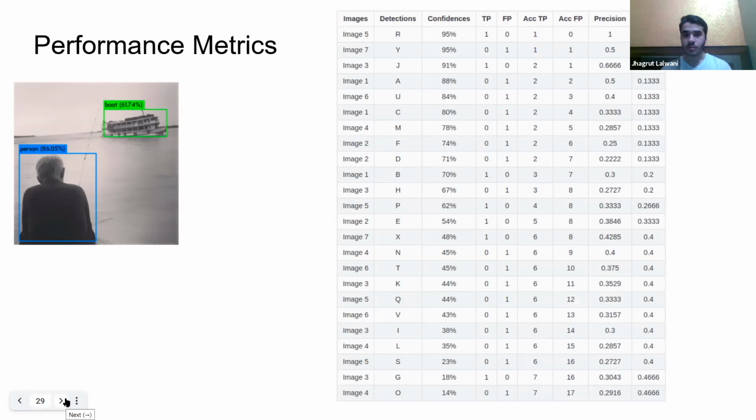So coming to the point of confidence scores, the reason for arranging in descending order of confidence was to incorporate the confidence while calculating the precision, or the model accuracy, how good the model is.